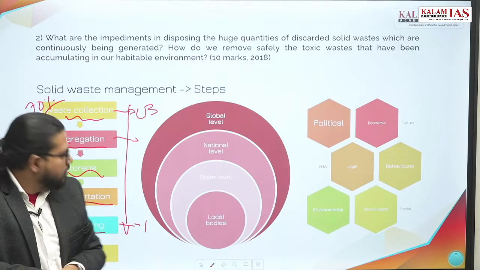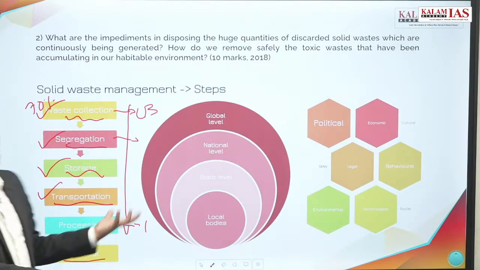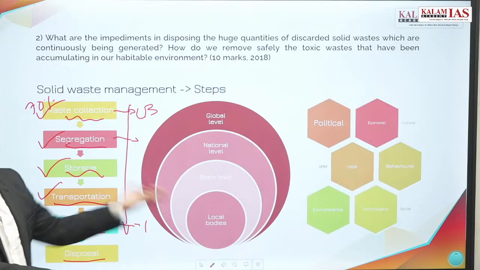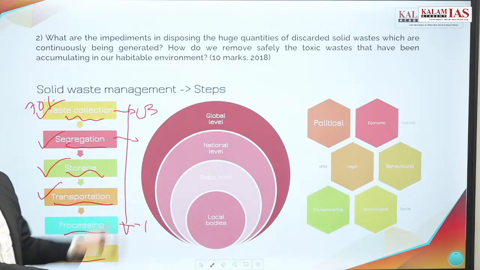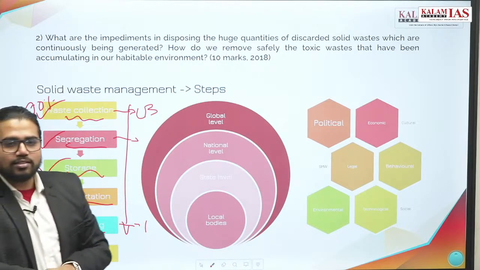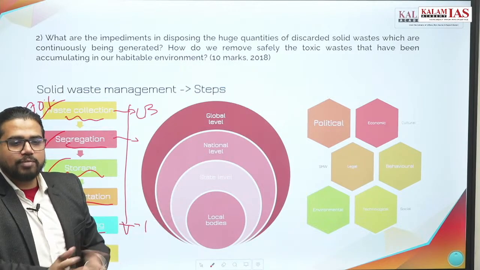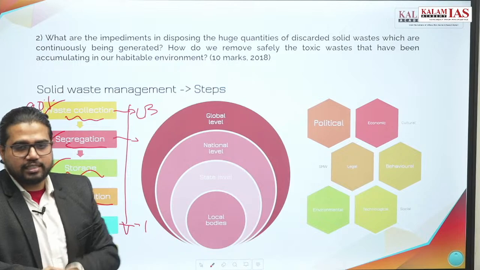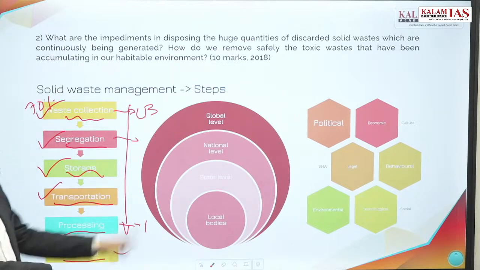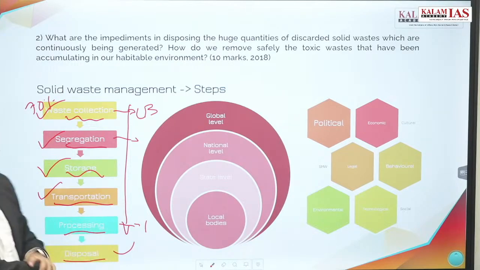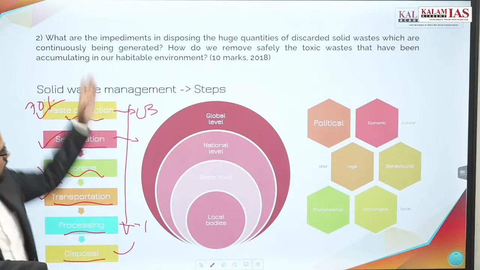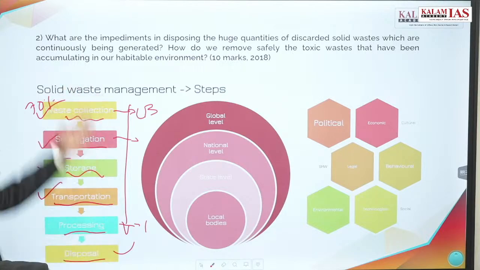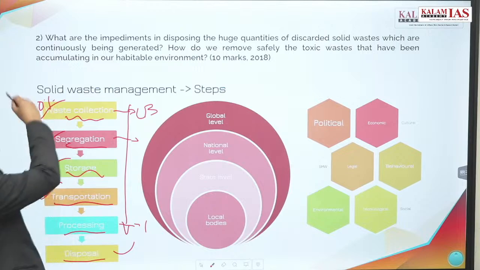So where it should be done, how it should be done, all this we have lack of capacity. Processing capacity, we are still on a landfill approach. Major waste processing still means landfill. That is the level at which many cities are functioning. Disposal is also similar to processing. So this is one level. In issues you can follow this method, the life cycle approach.